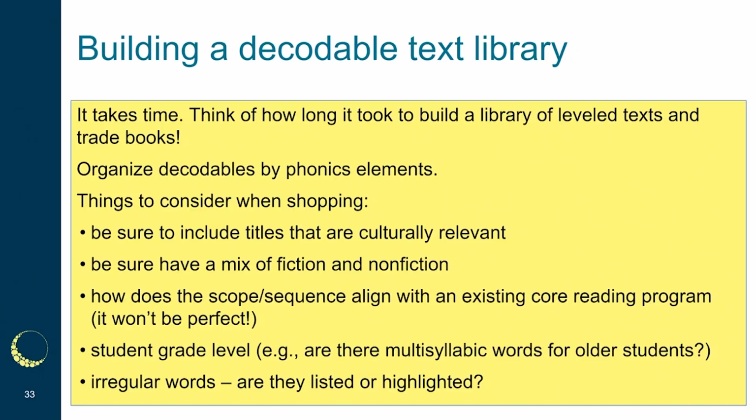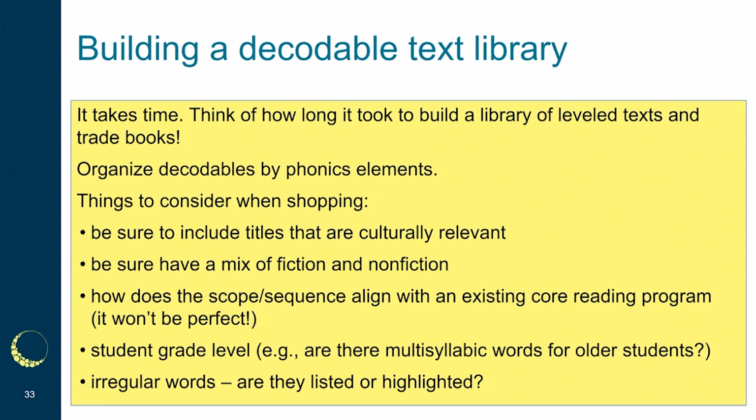You want to make sure, please, to include titles or programs with some books that have some culturally relevant aspects to them. Look for a mix of fiction and nonfiction. Take a peek at the publisher's scope and sequence. Your core reading program might have a scope and sequence that you want to align to. They never will.